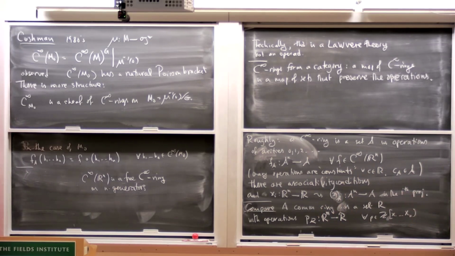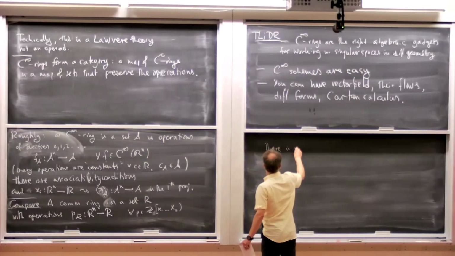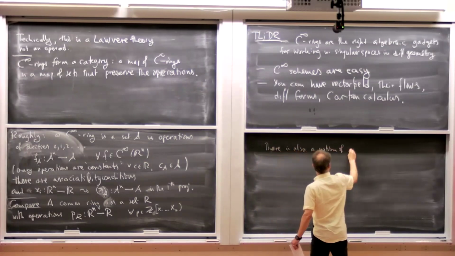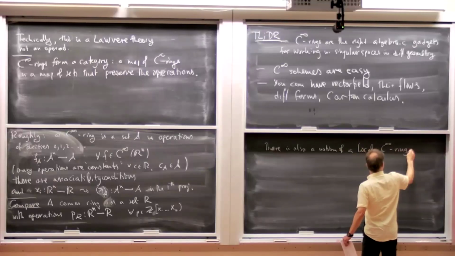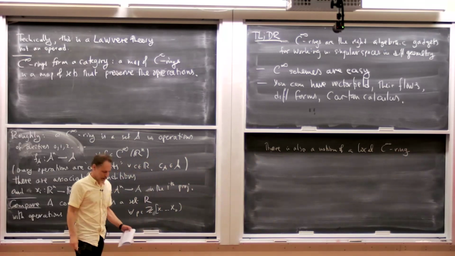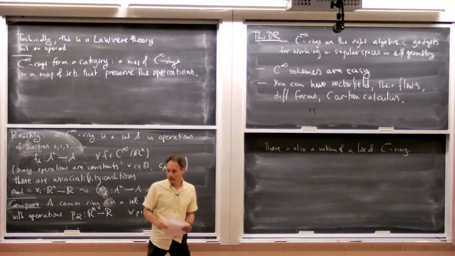What else? There's also a notion of a local C-infinity ring. In fact, there are several, but one of them turns out to be the one you want. Or there's a consensus that only one of them kind of makes sense.